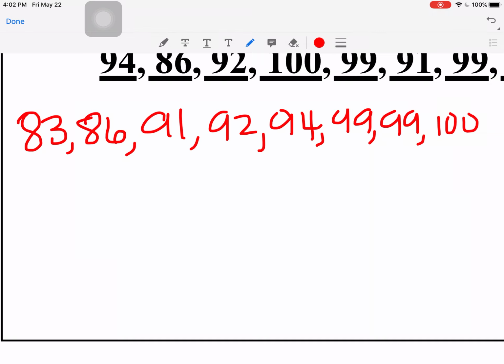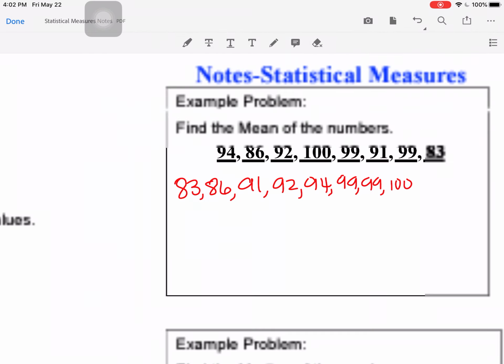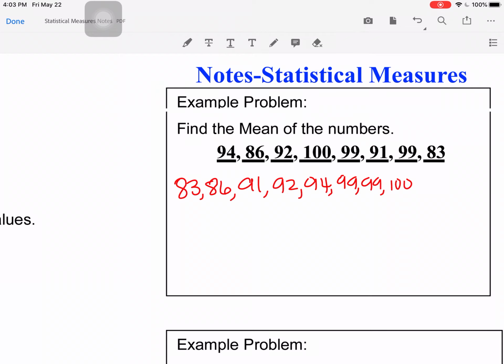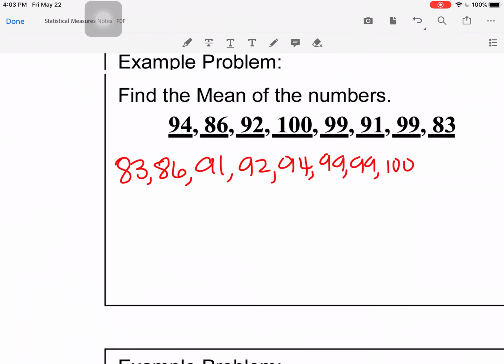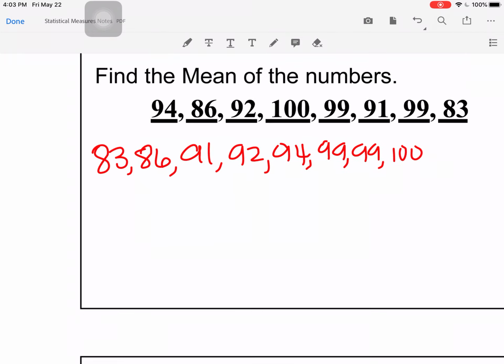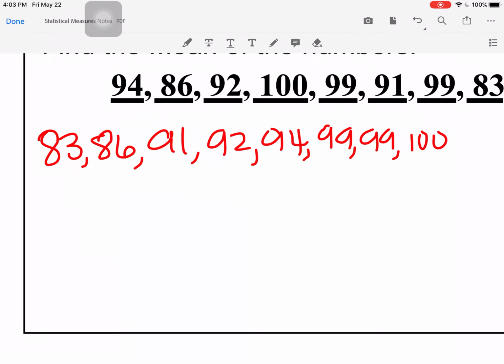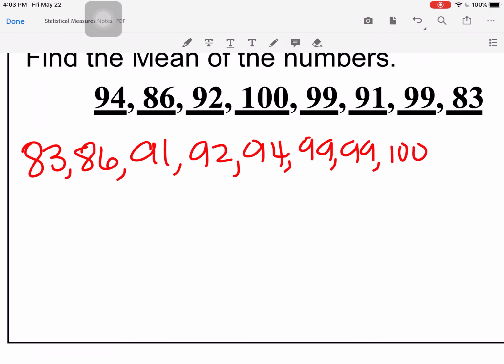And I will write 99 twice because 99 represents a score in my data. I can't just leave it out because there's two of them. I have to include it in my data set because it represents a single response to a statistical question.